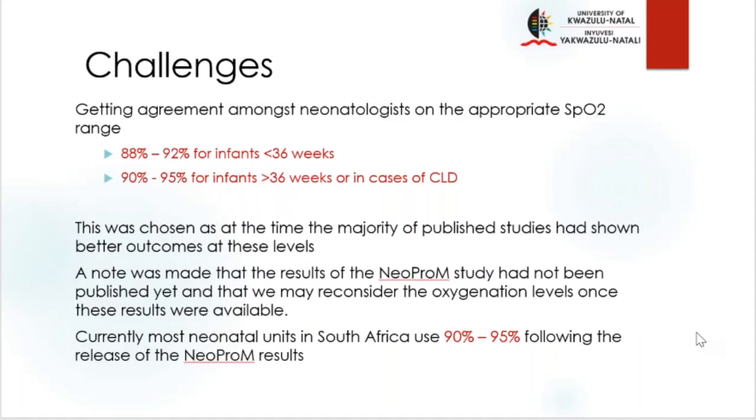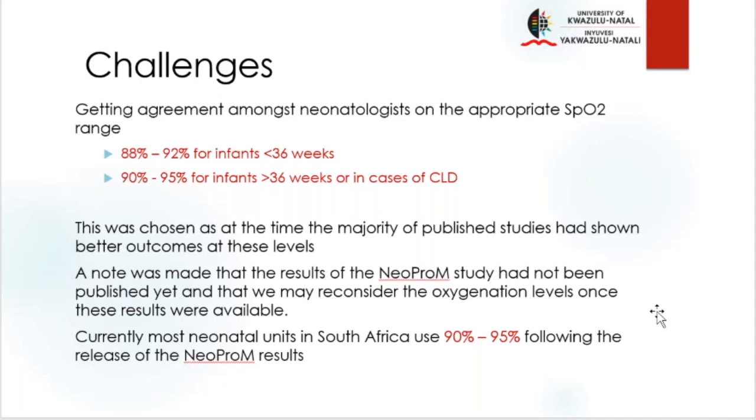Firstly, from a neonatologist perspective, there was a lot of talking about what the saturation levels should be set at. We finally decided on having 2 levels, 88 to 92% for infants who were less than 36 weeks mature, and 90 to 95% for infants after 36 weeks, or those with chronic lung disease.